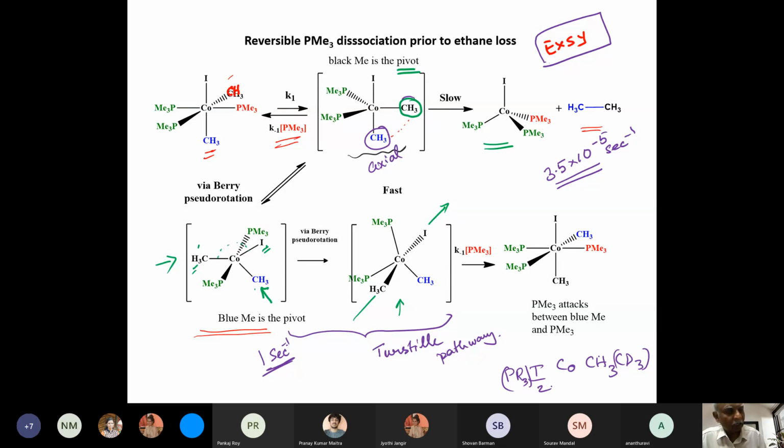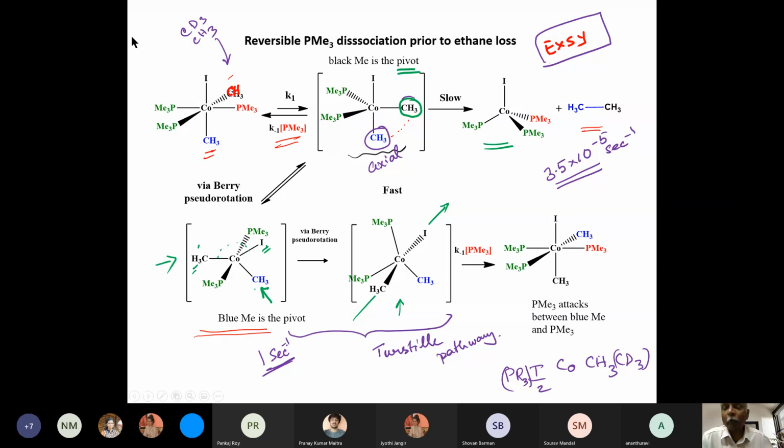Okay, so the starting material had CH3 and CD3, and then they did the elimination. If it was completely intramolecular, you expect only CH3, CD3.